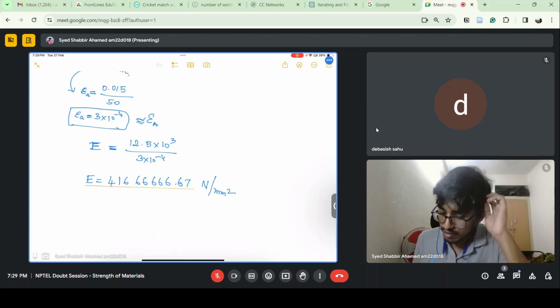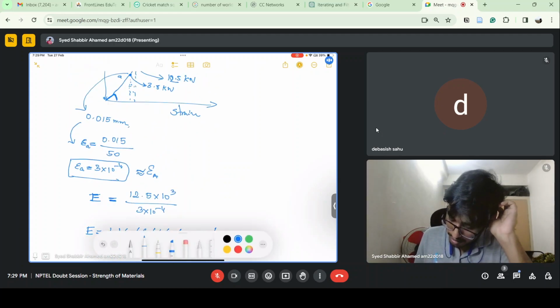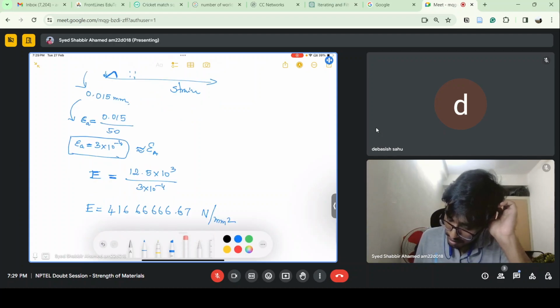Okay. So I just messed it up. Sorry. He has given the load and also the elongation at that load. So why should I take the other?